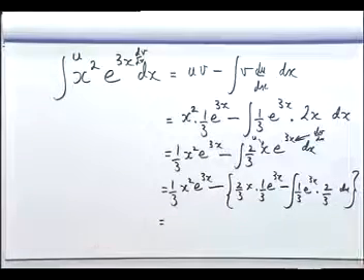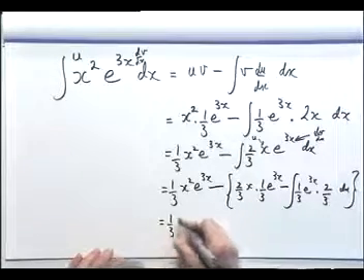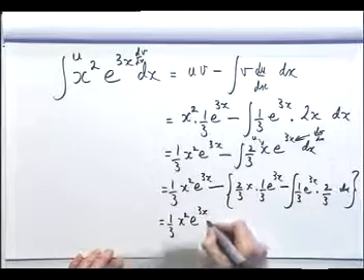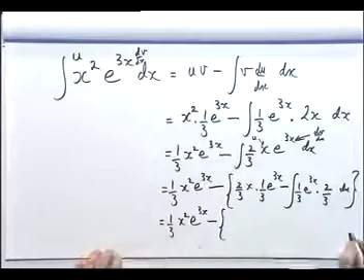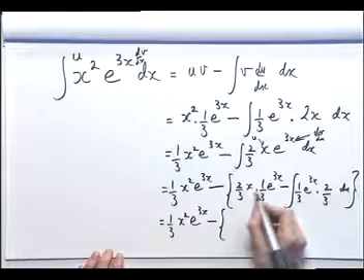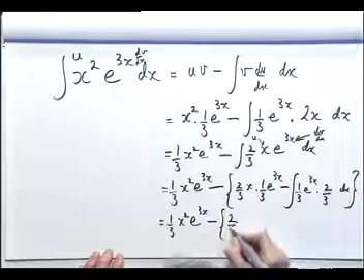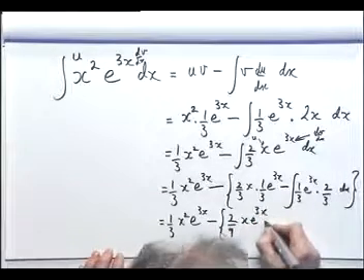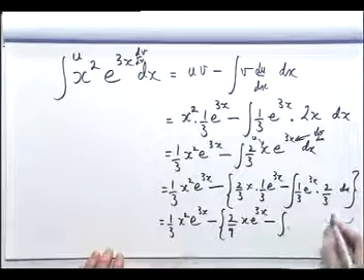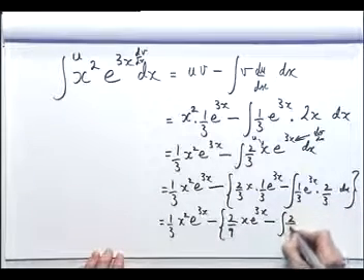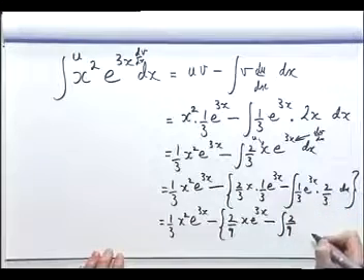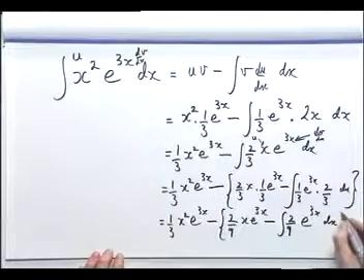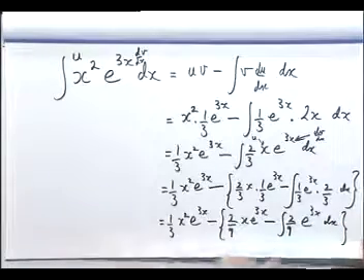Now let's tidy this up. 1/3 of x squared e to the 3x minus, and I'm going to keep the bracket there for the time being, 1/3 times 1/3 is 2/9 x e to the 3x minus the integral of 2/9, 1/3 times 2/3, e to the 3x dx, and close the bracket.